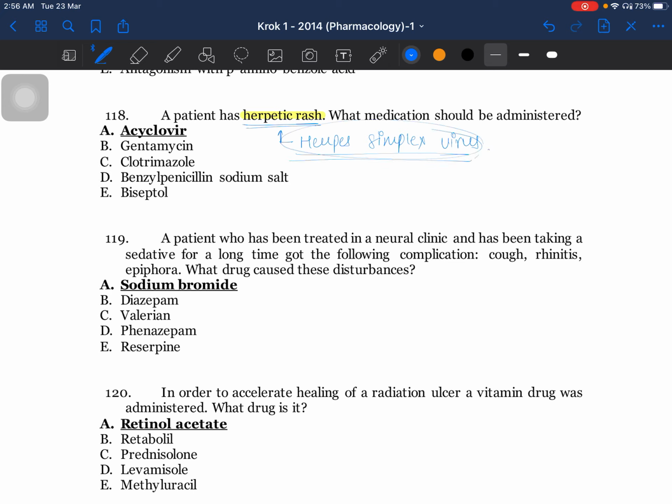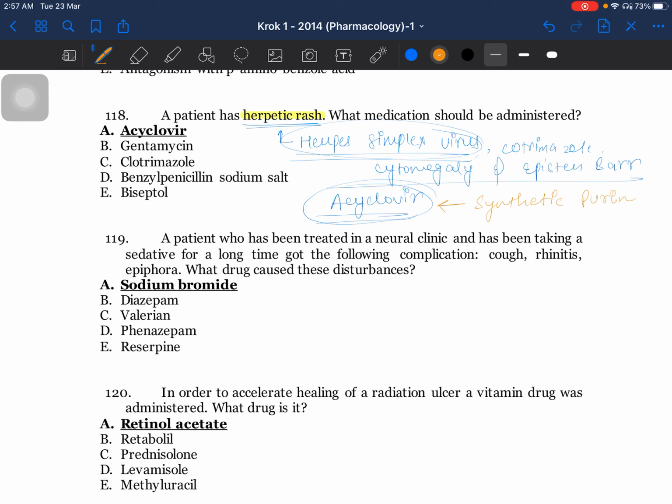And for the herpes simplex virus, cytomegalovirus, and Epstein-Barr, the drug of choice is basically acyclovir. This acyclovir is best known for the treatment of herpes simplex, and acyclovir is basically a synthetic purine nucleoside analog.